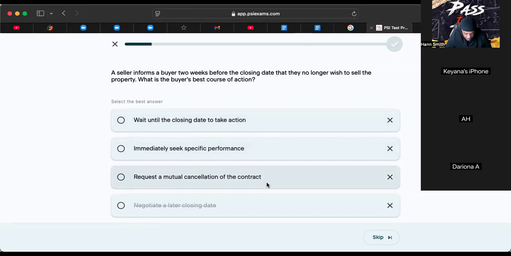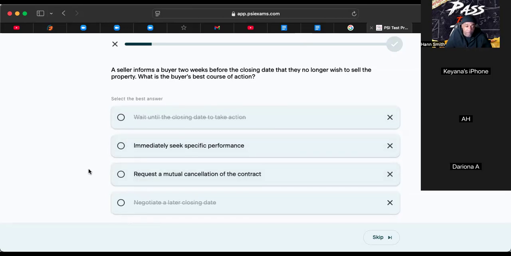What do y'all think? I guess you can get rid of A. Okay. And that leaves immediately seek specific performance or request the mutual cancellation of the contract. Which one y'all think? I think it's B. I agree.